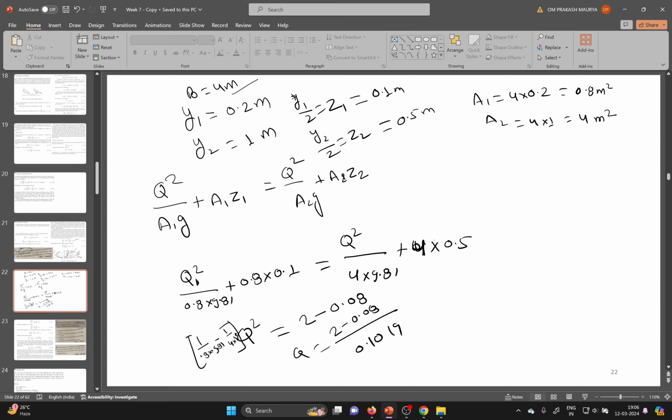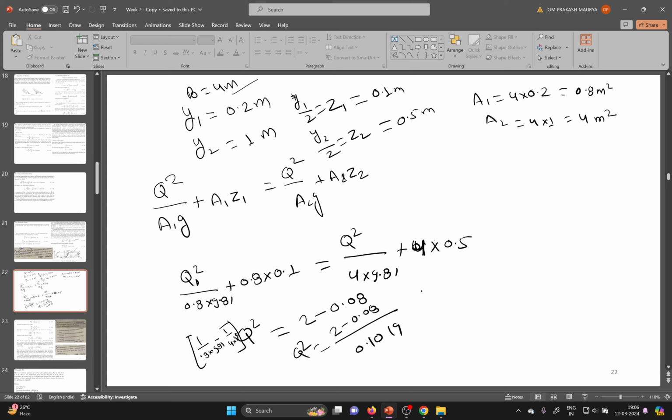So if you divide, Q is square, so 2 minus 0.08 divided by 0.1019. Now you take the square root.